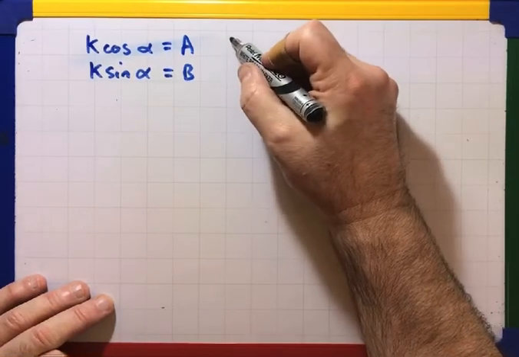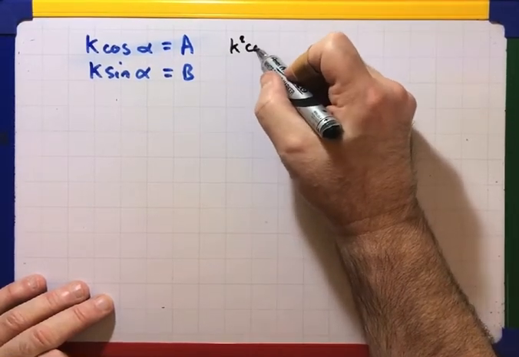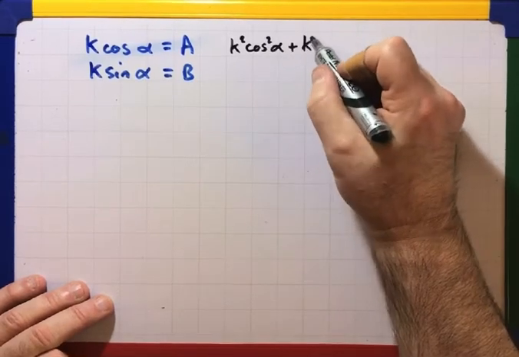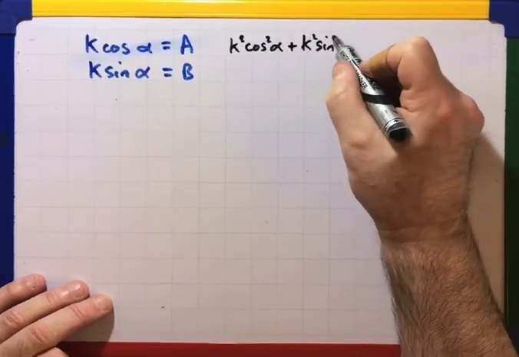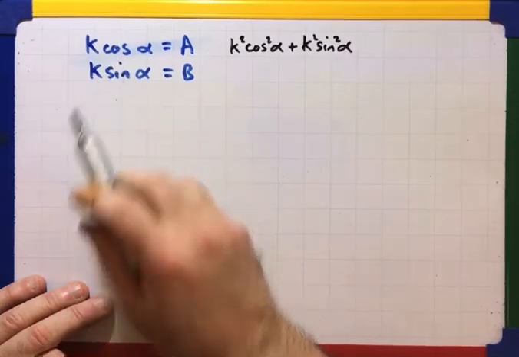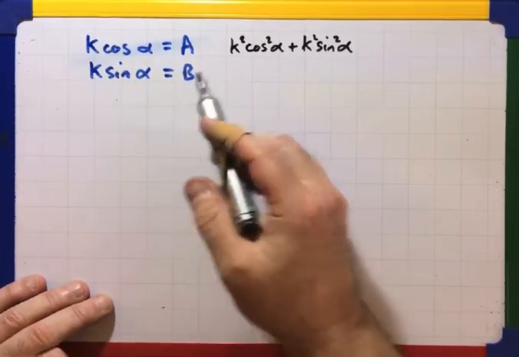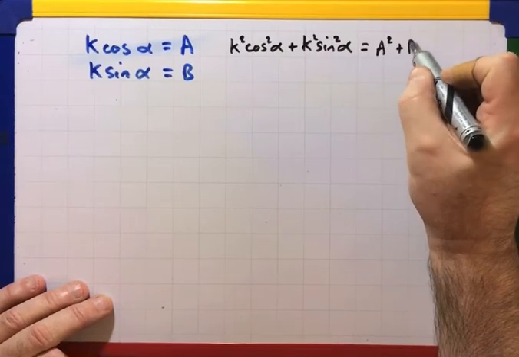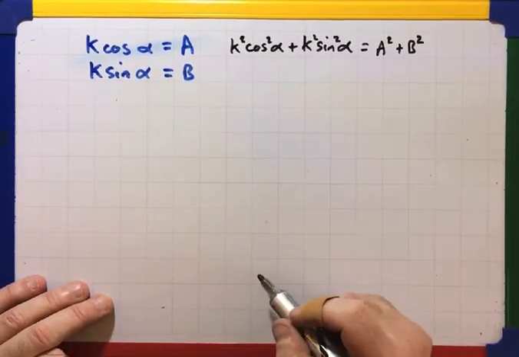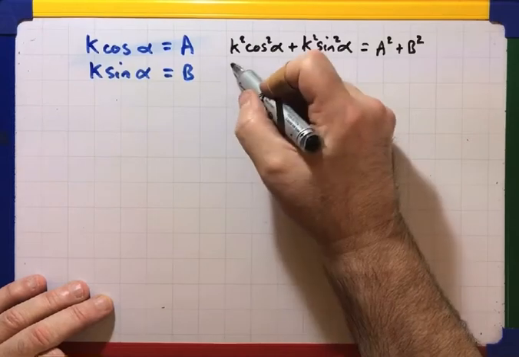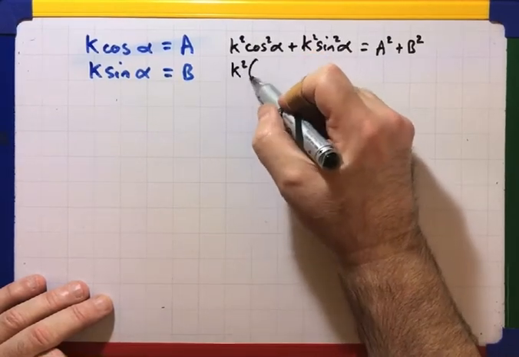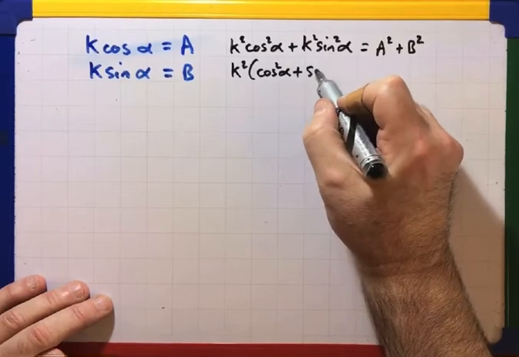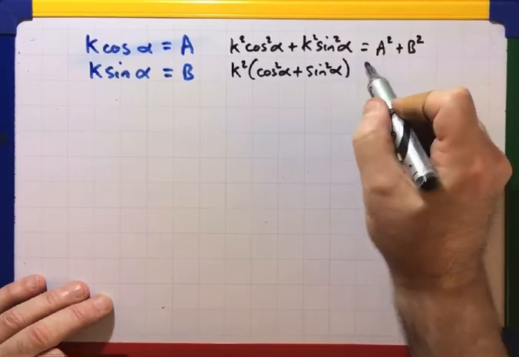So you're going to have k squared cos squared alpha plus k squared sine squared alpha. That's those two things squared and added equals this, squared and added.